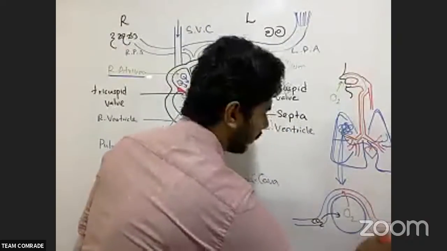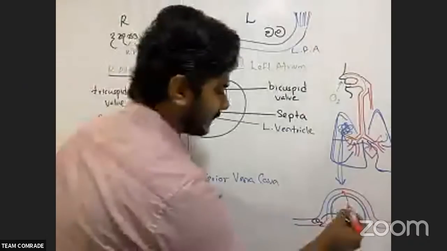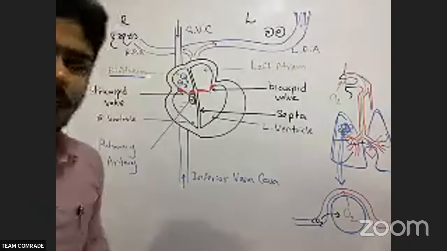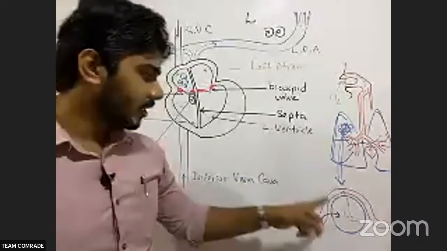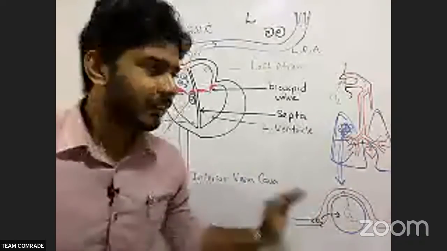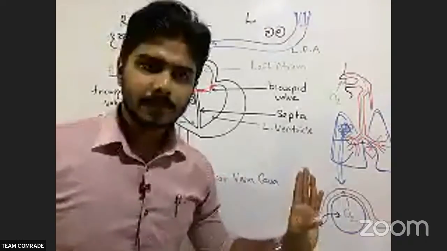The red color means it has oxygen. When it has oxygen, what do we call it? Oxygenated blood. Earlier I had used blood without oxygen, so I call that deoxygenated blood. Now this time we have oxygenated blood. How is the blood getting oxygenated? When it is going through the lungs. Is it clear?